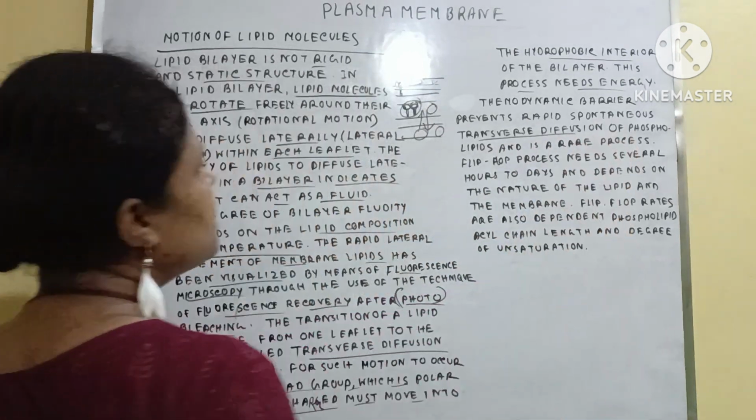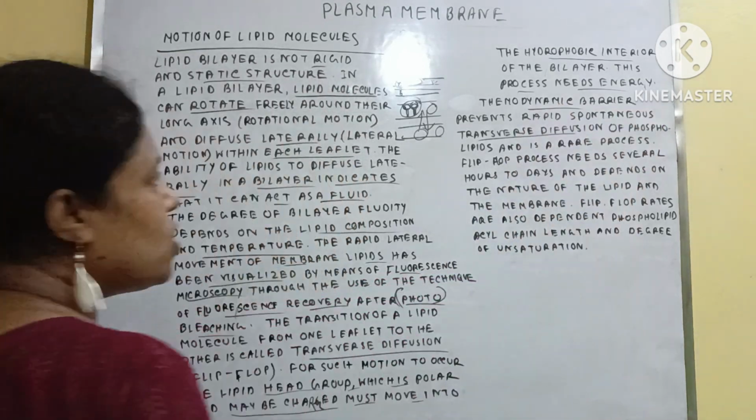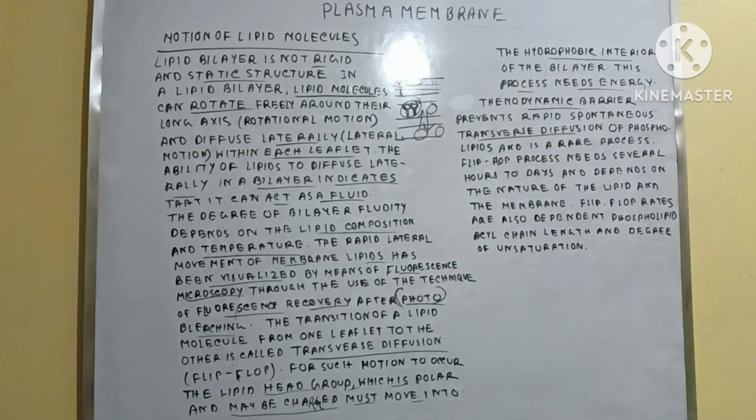Transverse diffusion is generally obstructed by the dynamic barrier, so it is a very rare case. You just need to know that transverse diffusion is rare, because there are many barriers that prevent it.